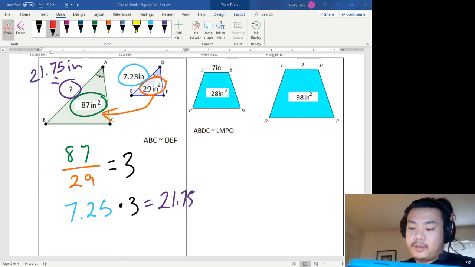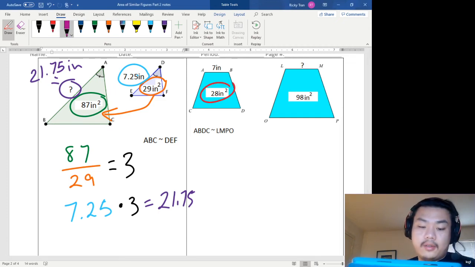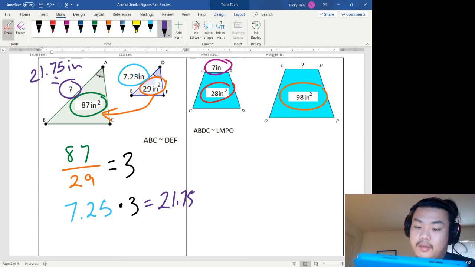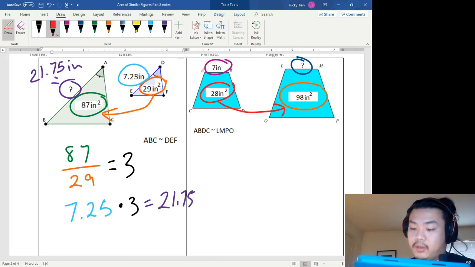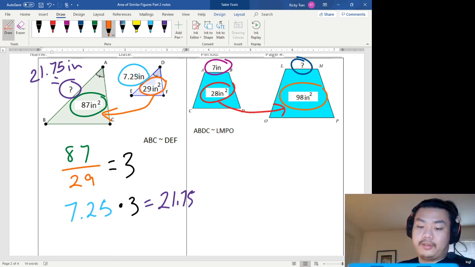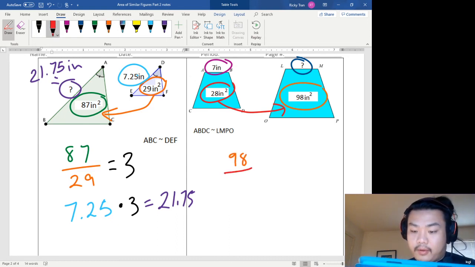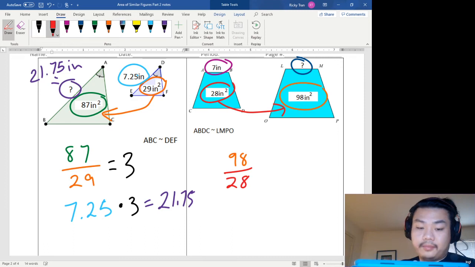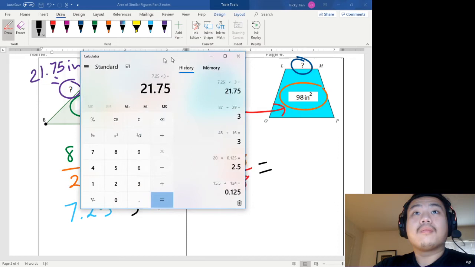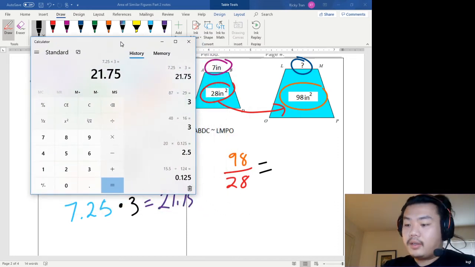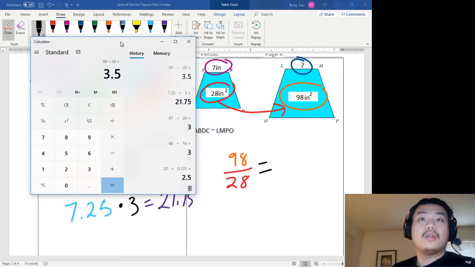Next question. Again, here's our area. Here's our missing side. Another area and missing side. We're going from small to big. Again, scale factor is greater than 1. So 98 over 28, 3.5.